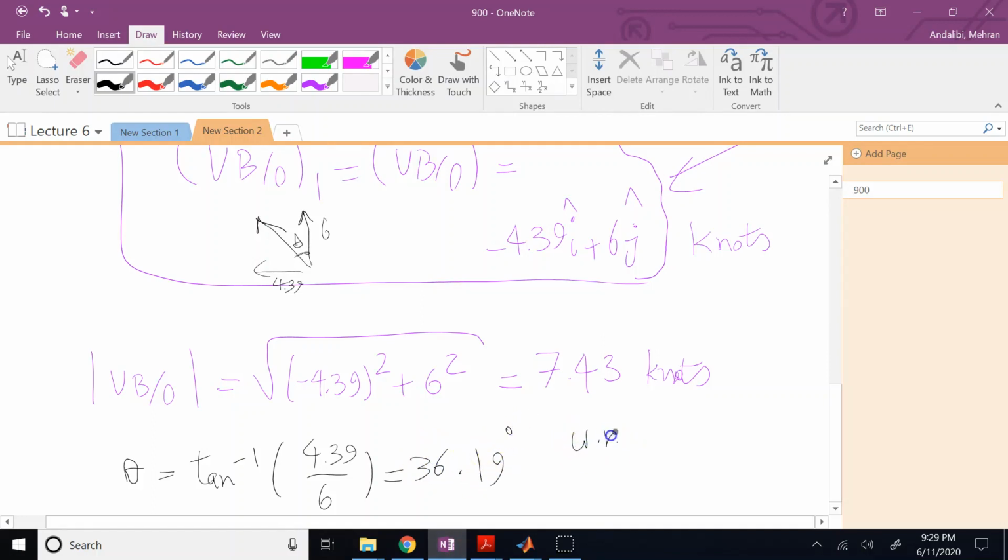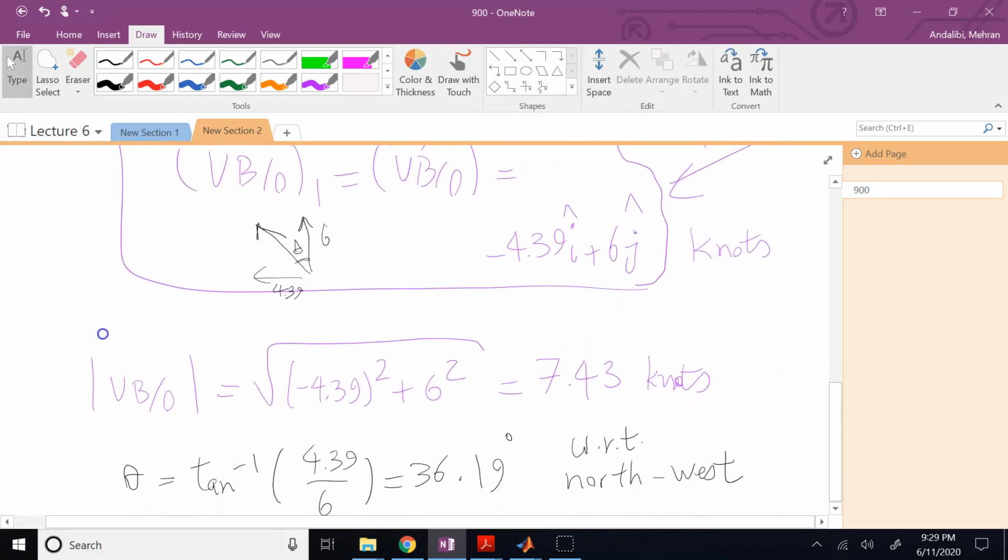With respect to what? With respect to north and west. Right? So it is in the northwest direction with respect to the north. In the west direction, it is 36.19 degrees, and that is the magnitude, 7.43.